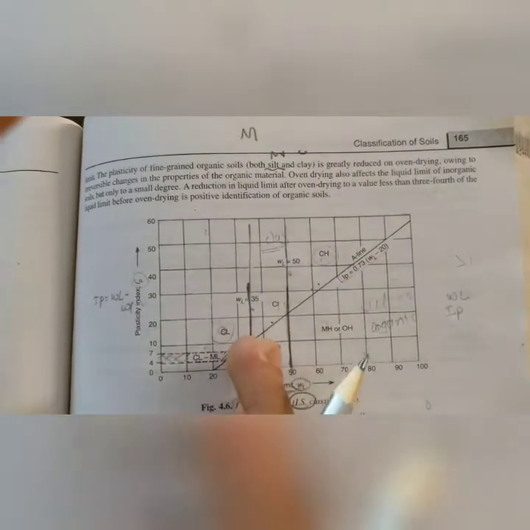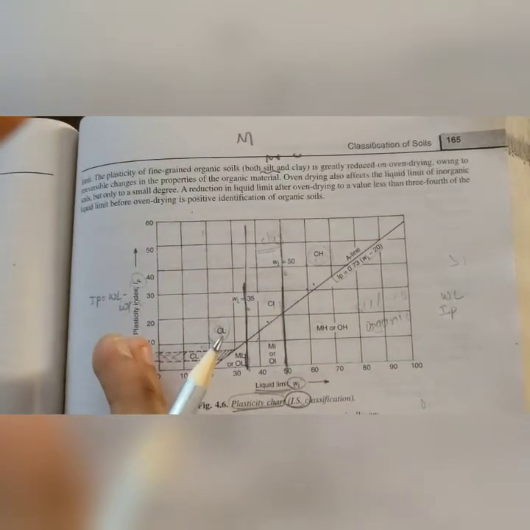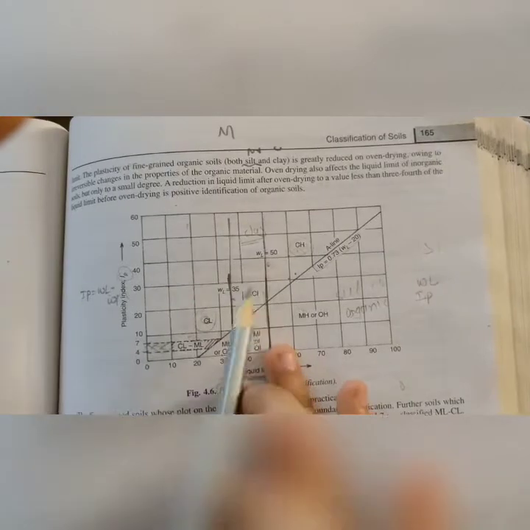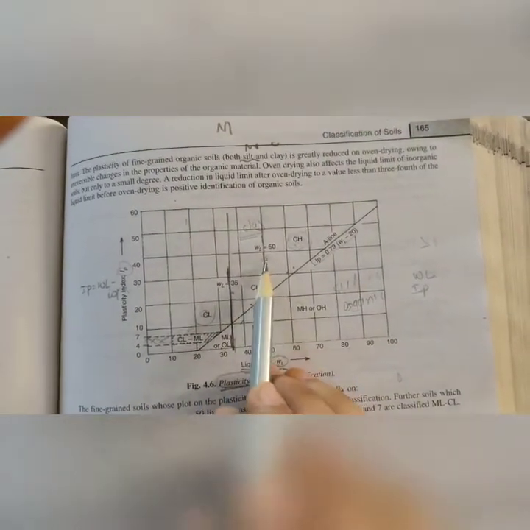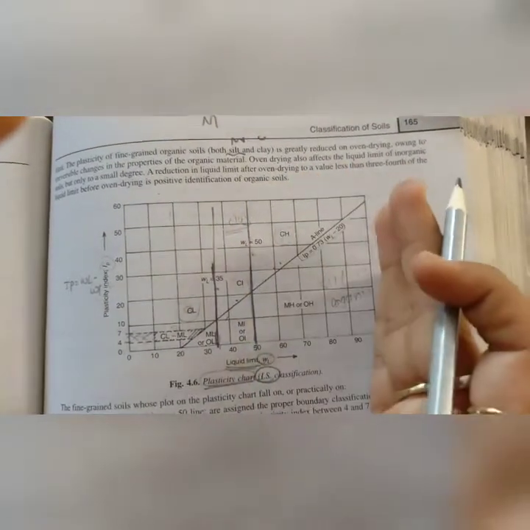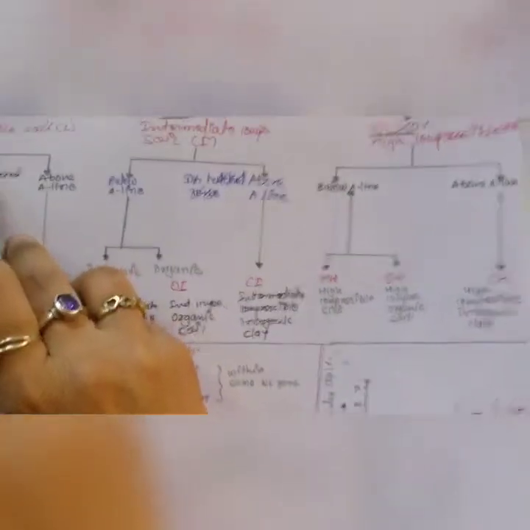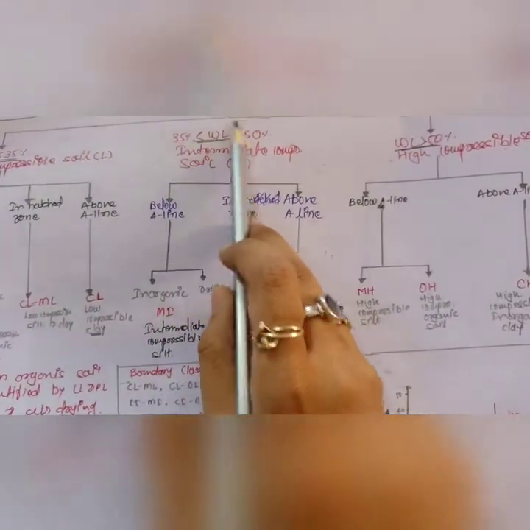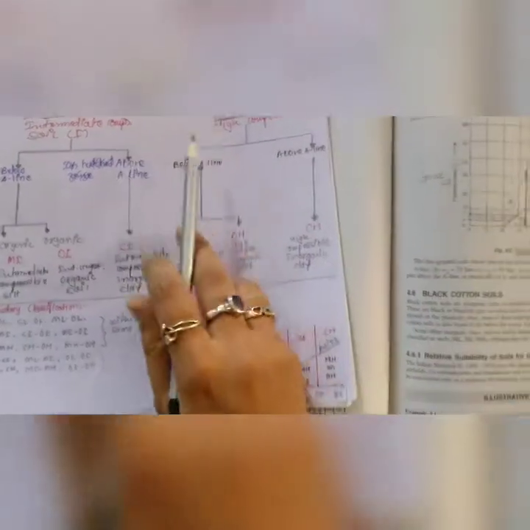Liquid limit less than 35, liquid limit between 35 to 50, liquid limit more than 50. As we had already discussed, whenever the liquid limit is less than 35, 35 to 50, or greater than 50.